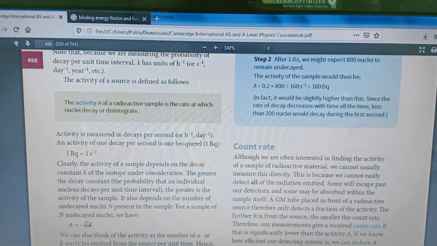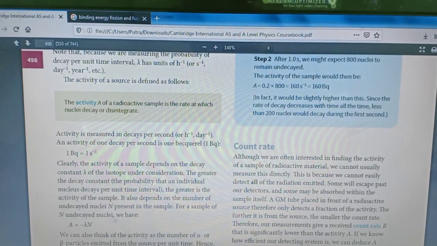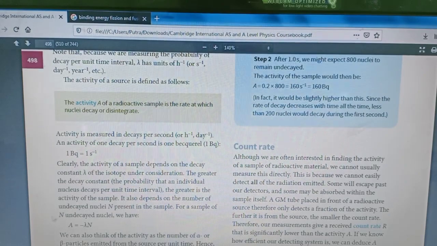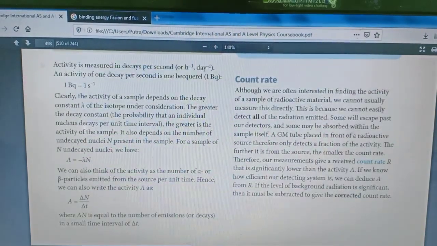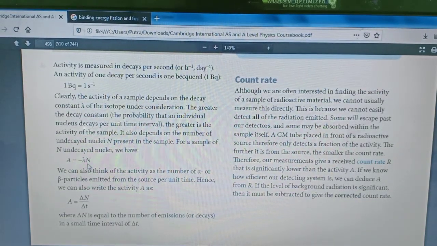For a sample of undecayed nuclei, meaning how many nuclei have not yet decayed, we can calculate A equal to lambda times N, where lambda is the decay constant and N is the number of undecayed nuclei.